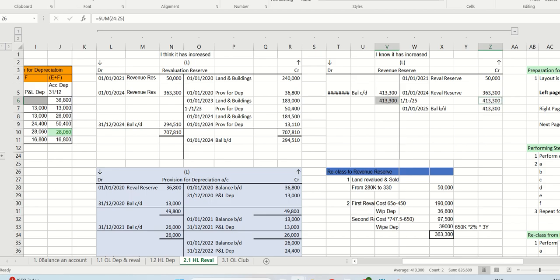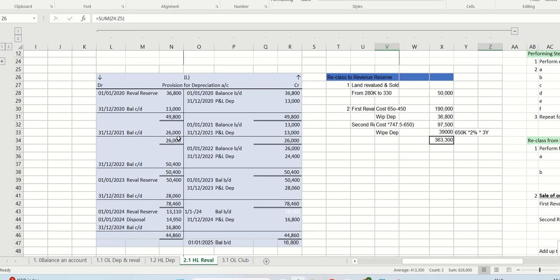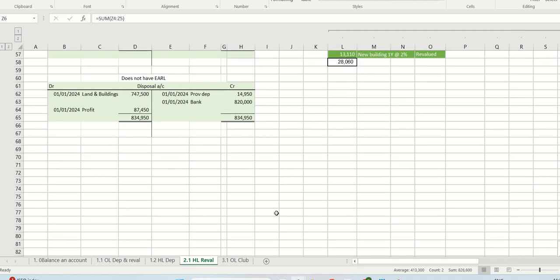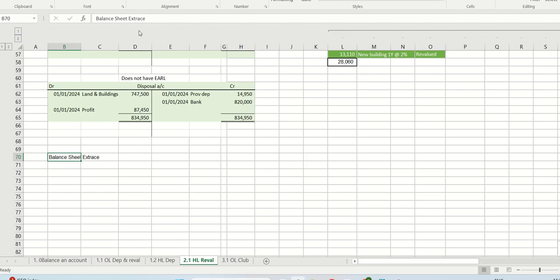Right, so we are now ready to do the final little bit, the balance sheet extract. Okay, so I'm just going to do it down the end here. It's extremely easy, guys, so please make sure you get the time to do it and get it done. It's a little snippet from a balance sheet. So balance sheet extract.